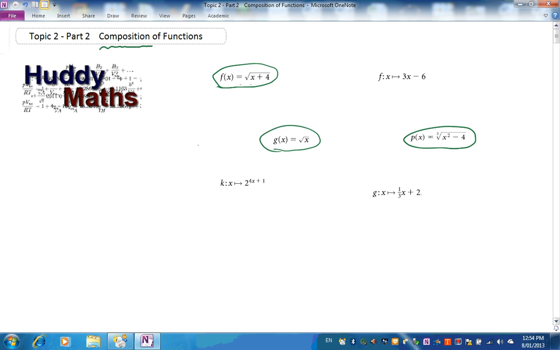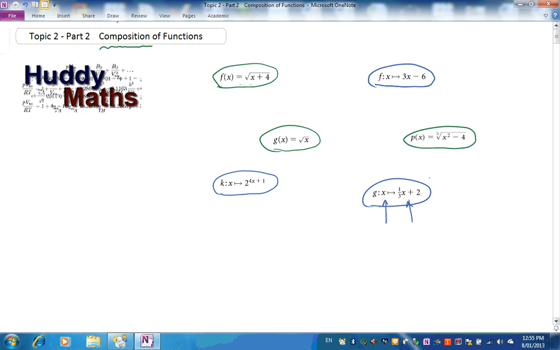And can you see the others are written slightly differently from that? They are, of course, this one here, this one here, and this one here, which are all using the mapping notation. x maps on to that value there. So just trying to do a little bit of revision there.